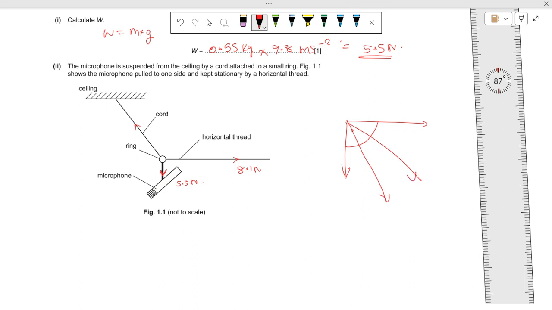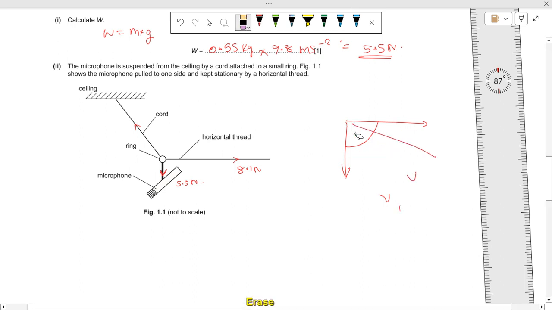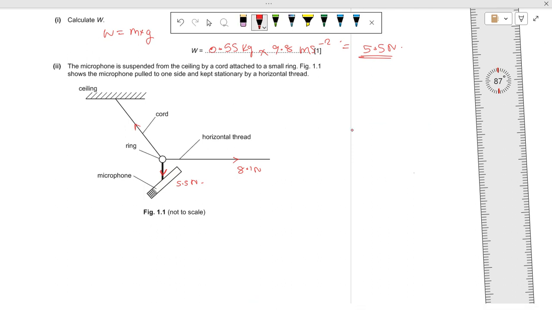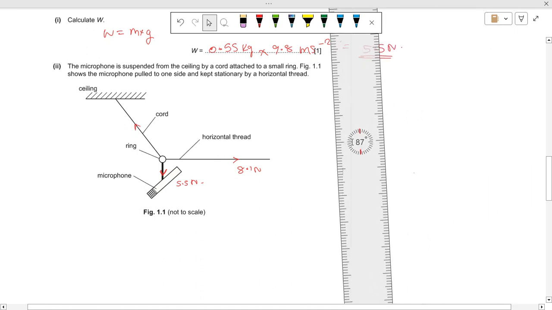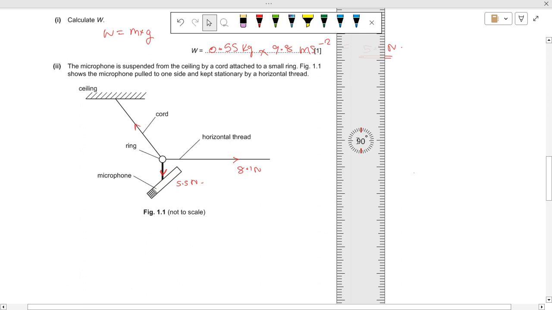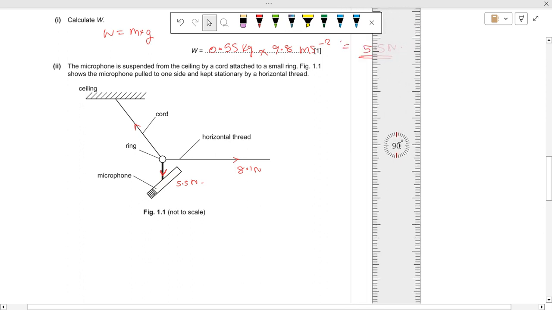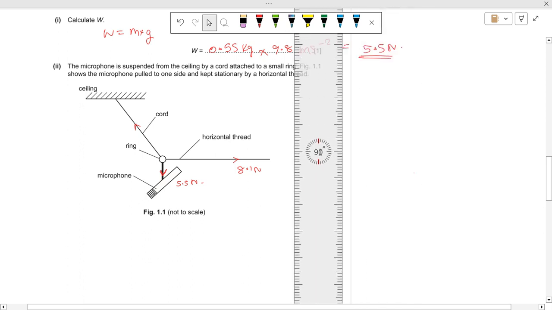It might be here, somewhere in this area, right? So we need to use the scale. Let's use the triangle method, or else you can use the parallelogram method as well.